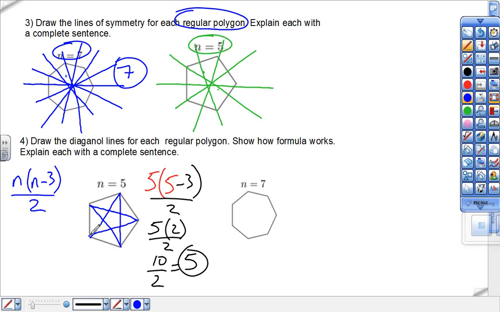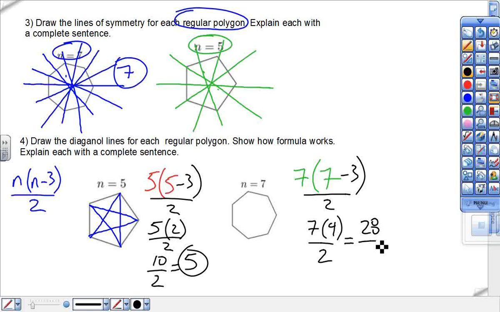With a seven-sided shape, again, I want you to use the formula where there's an n, plug in 7. The rest of the formula stays the same. That gives me 7 times 4, which gives me 28 over 2, which is 14 diagonals.